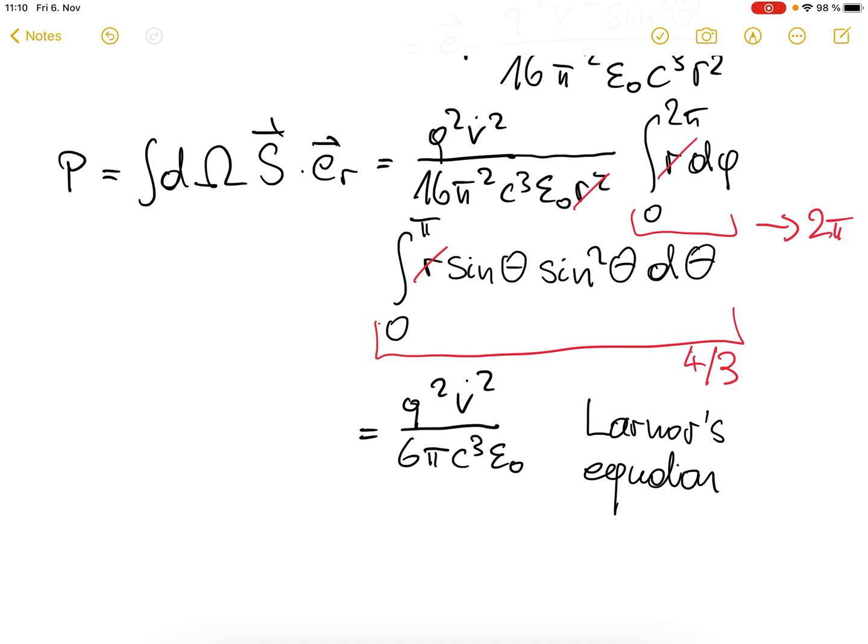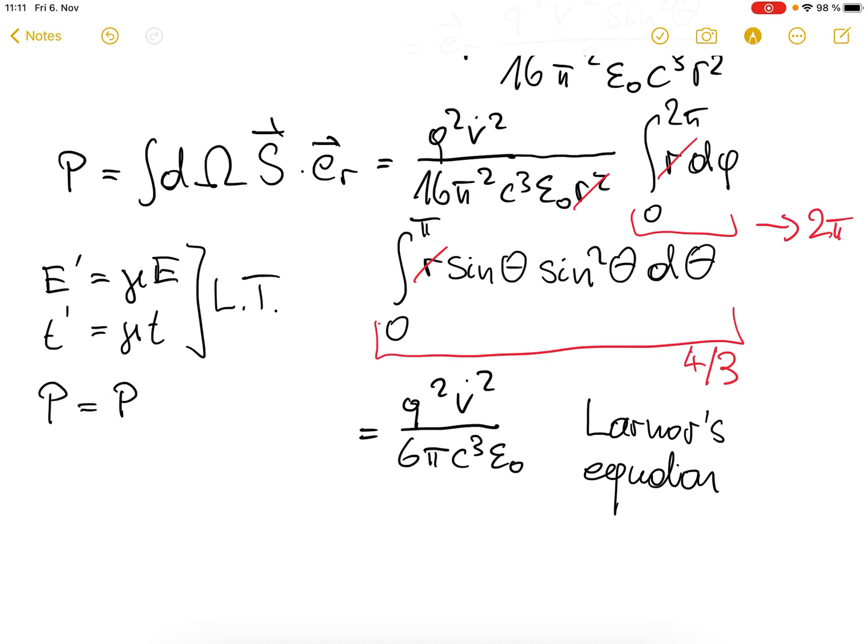Now, consider that the left-hand side is a power. A power is a Lorentz scalar. Why is it so? If you look at the energy, it transforms with the relativistic gamma factor. The time also transforms with a relativistic gamma factor under Lorentz transformations. That means that their ratio P does not transform. It transforms as a scalar, so trivially.